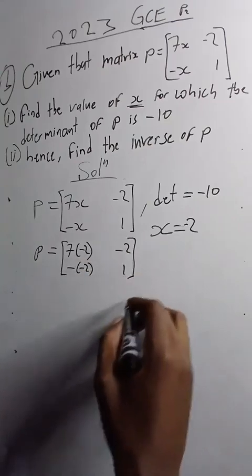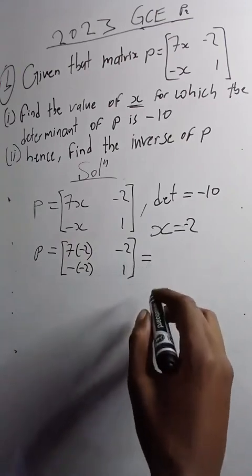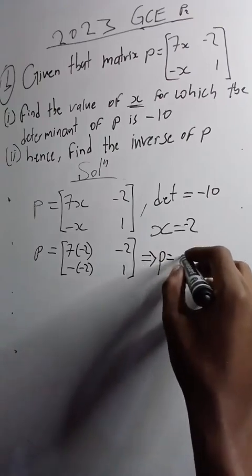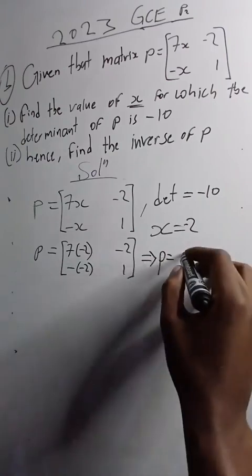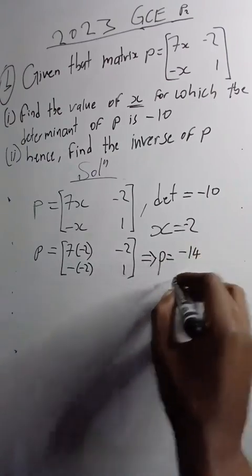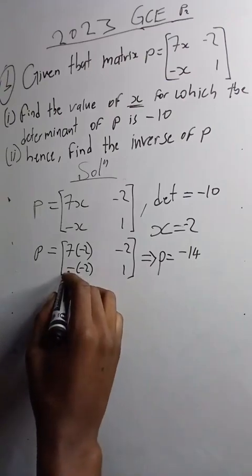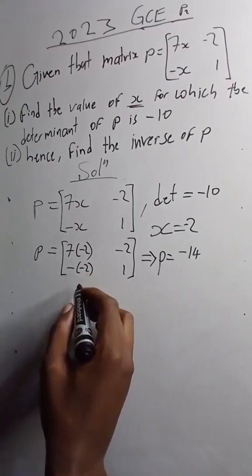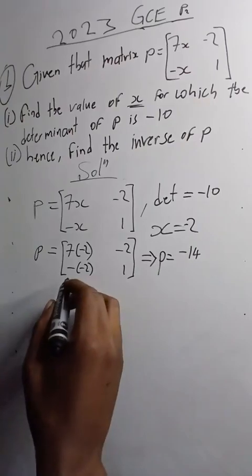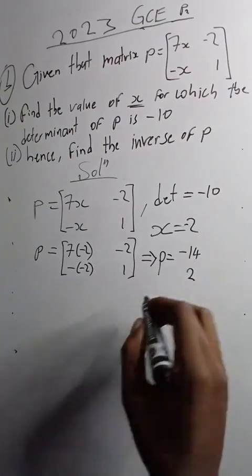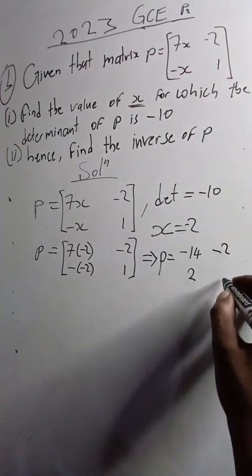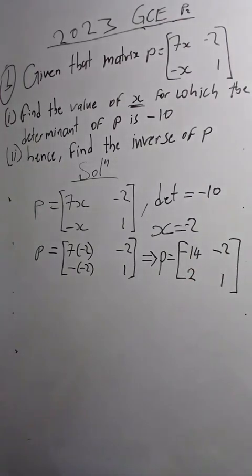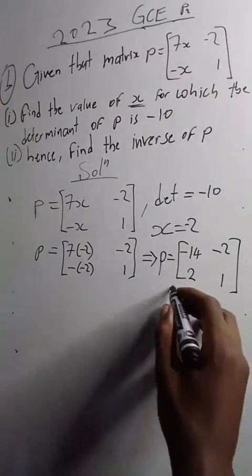The original matrix is 7 times negative 2, we get negative 14. And down here we have a negative outside and another negative inside, and when they multiply they give us the positive. So we get 2 here, and this remains the same. This is the original matrix for P.